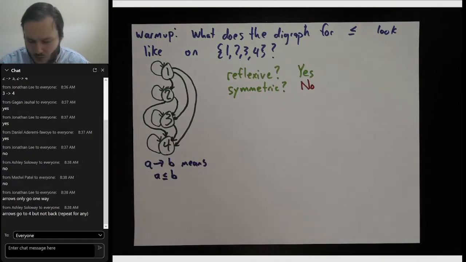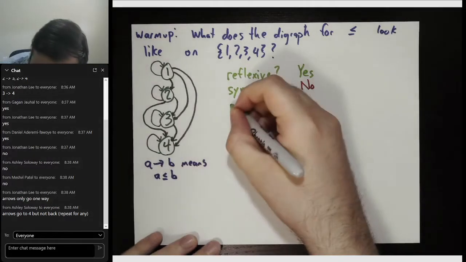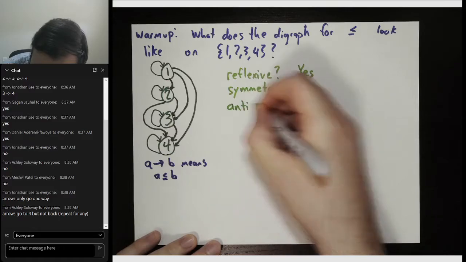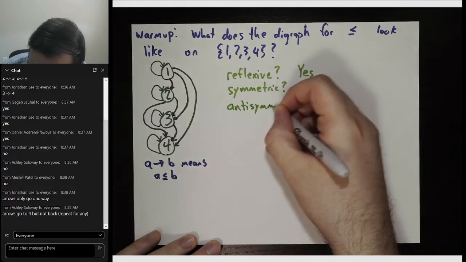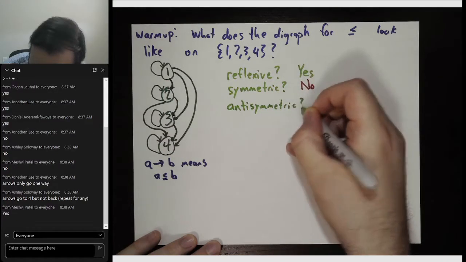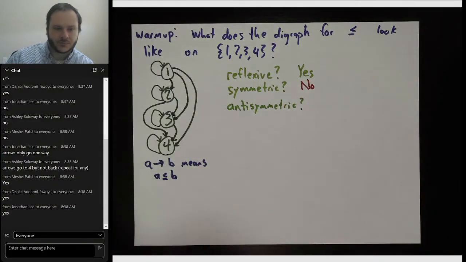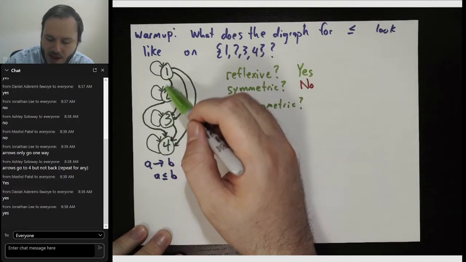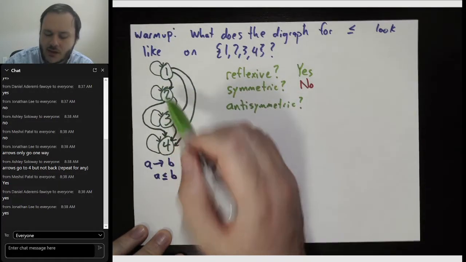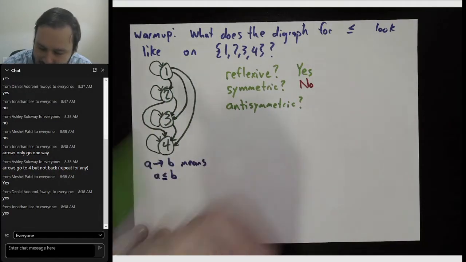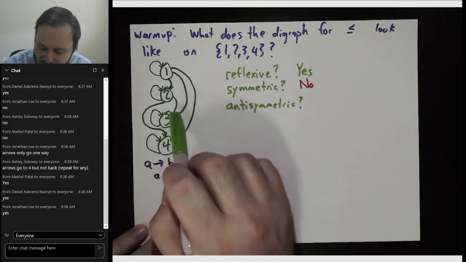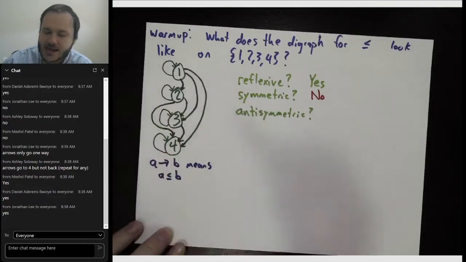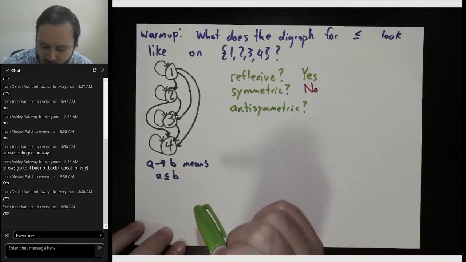Not symmetric. What about anti-symmetric? Yeah, good. I do have anti-symmetric, because symmetric requires arrows to go back every time. But not only is it not the case that I have arrows that go back every time, I never have arrows that go back.